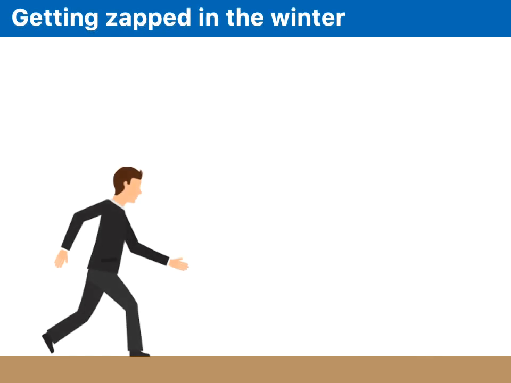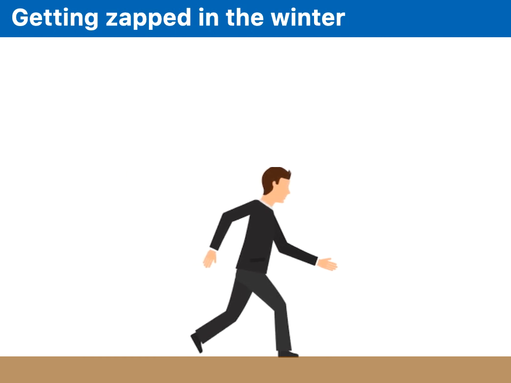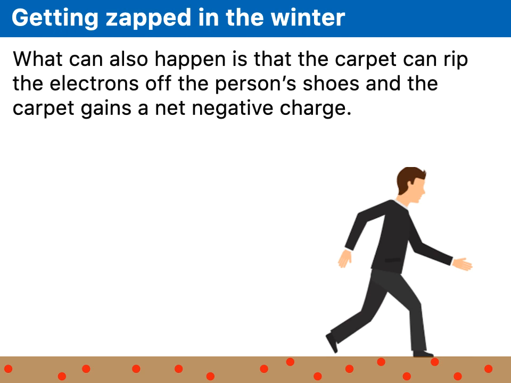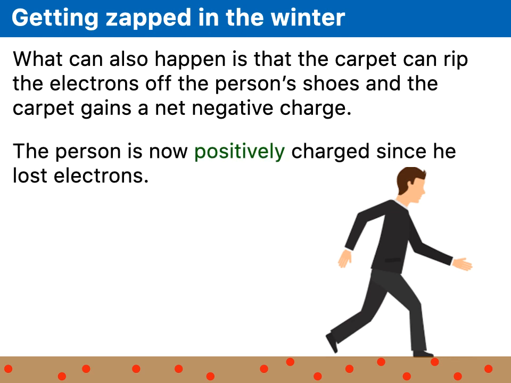Now, another way that can happen is when you're walking across a carpet, it could go the other way. The carpet could become negatively charged. So instead of electrons going from the carpet to you, your electrons go from you to the carpet. So since you're lacking those electrons, you are positively charged.